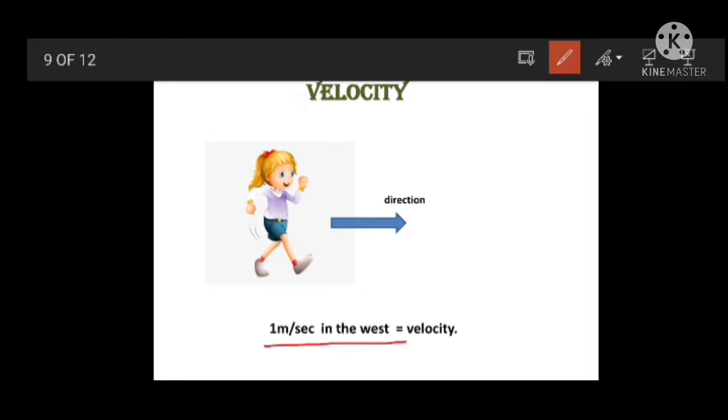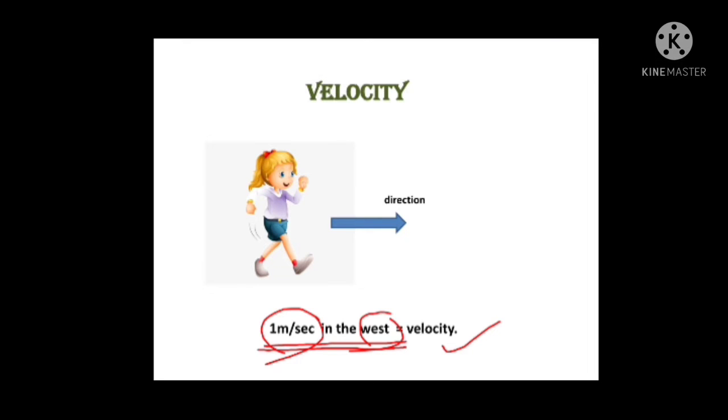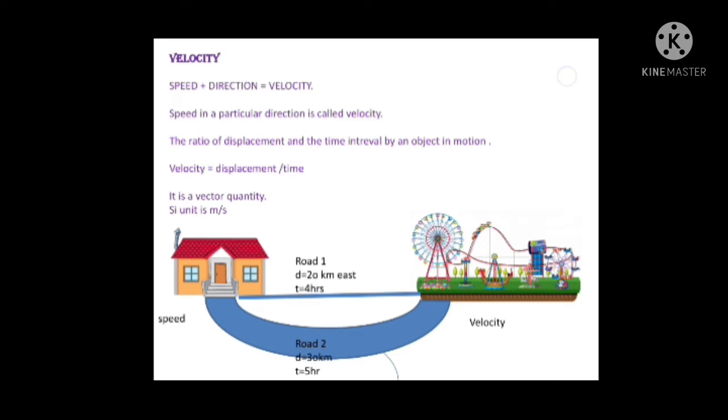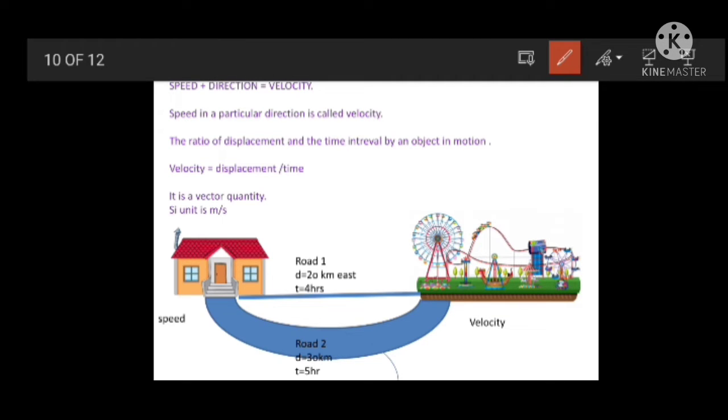The girl is traveling in the west direction with a speed of 1 meter per second. So this is velocity. The term which gives us the information about the speed as well as the direction is velocity. Speed plus direction is velocity.